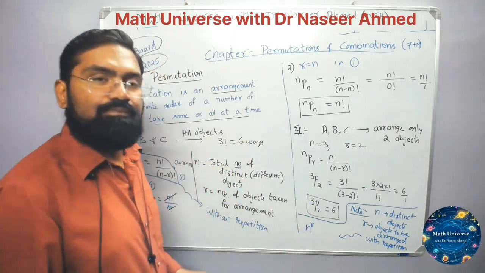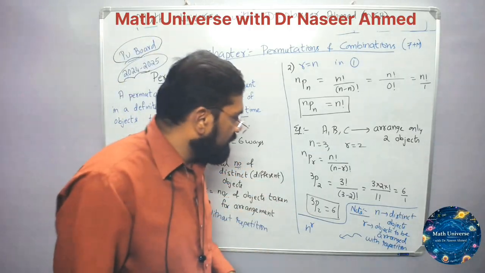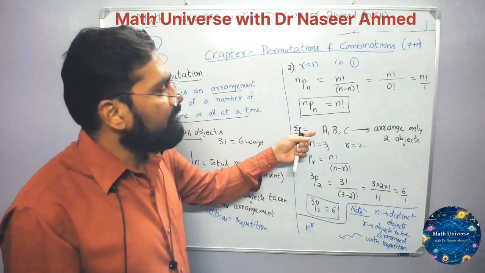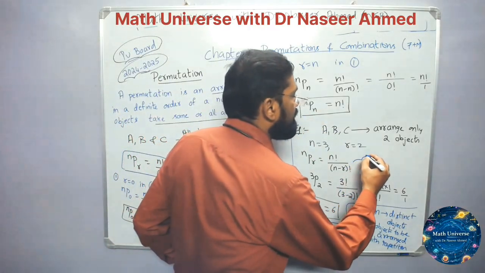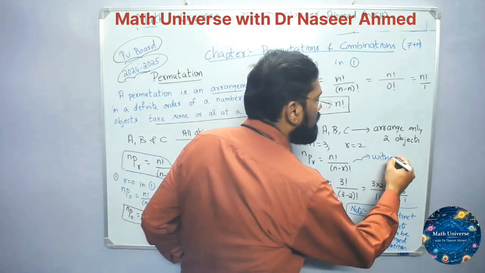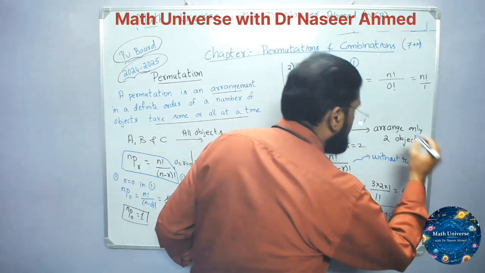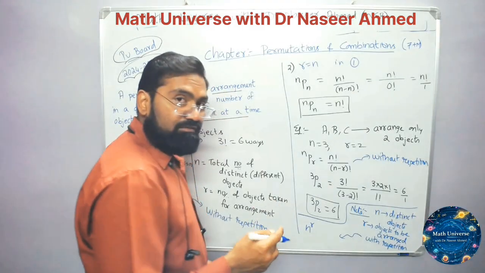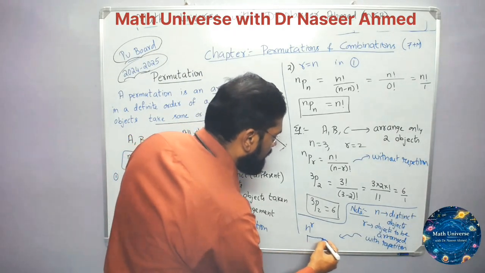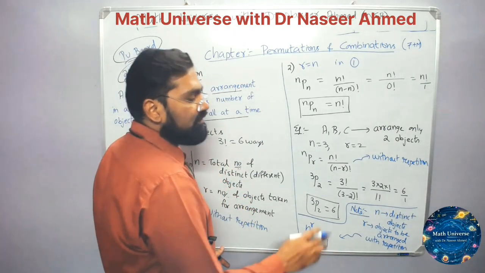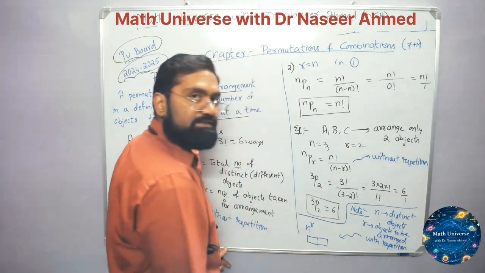About the logic, let us take an example and understand. Suppose I have 3 objects, and I want to arrange 2 of them. Earlier it was without repetition, correct? Now I want to go for with repetition, so let us understand this with the help of the box concept. See carefully. Since I want to arrange 2 objects, but with repetition, there are 2 boxes.